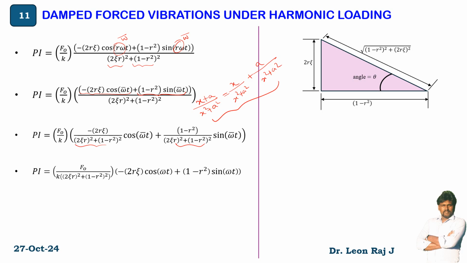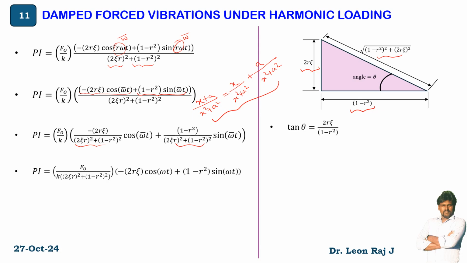So taking the right angle triangle, the opposite side is 2 r xi, the adjacent side is 1 minus r square, and the hypotenuse is equal to square root of 1 minus r square whole square plus 2 r xi square. So this is the hypotenuse.